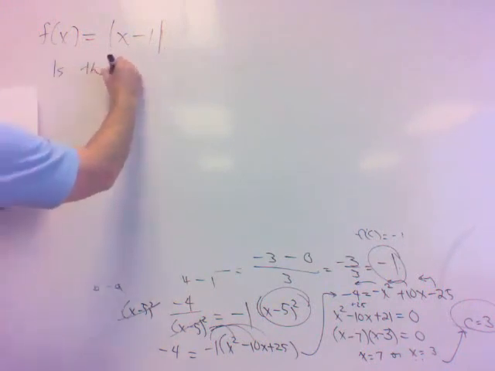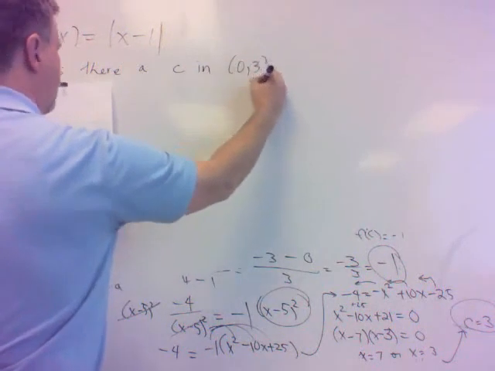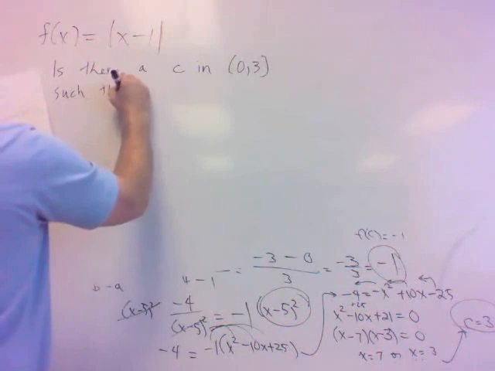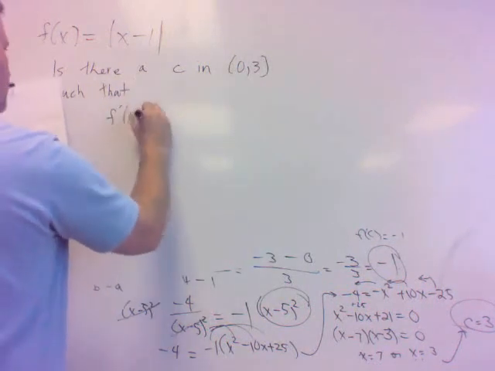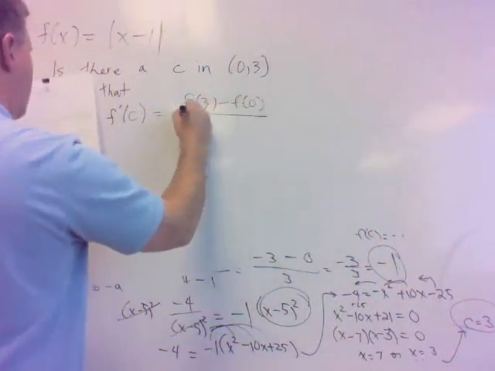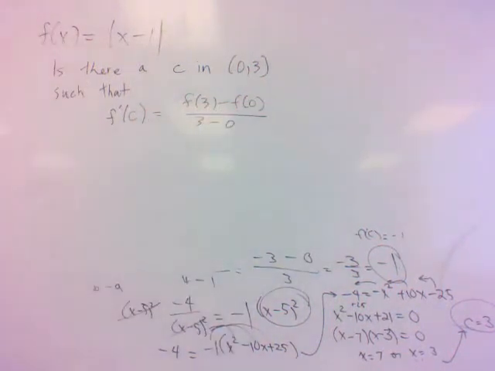Is there a c in 0, 3 such that f prime of c equals f of 3 minus f of 0 over 3 minus 0, which is the conclusion of the mean value theorem?